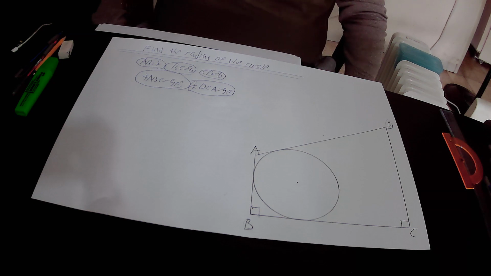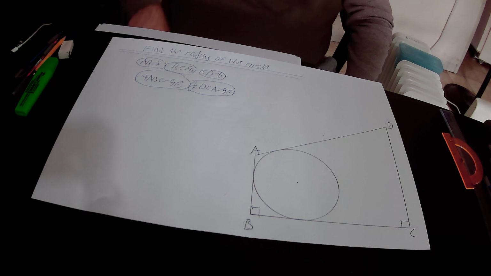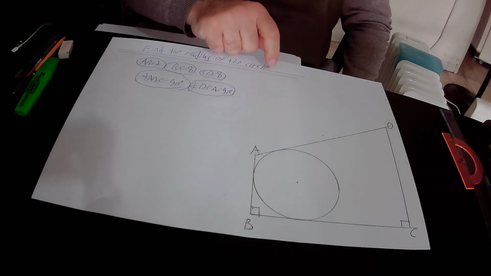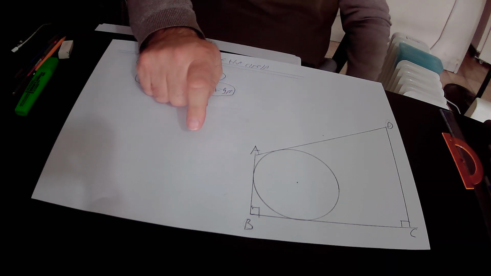So first of all, we will do a construction. That is to say, we will extend side DA and side CB of this quadrilateral ABCD by a straight line until they touch each other.